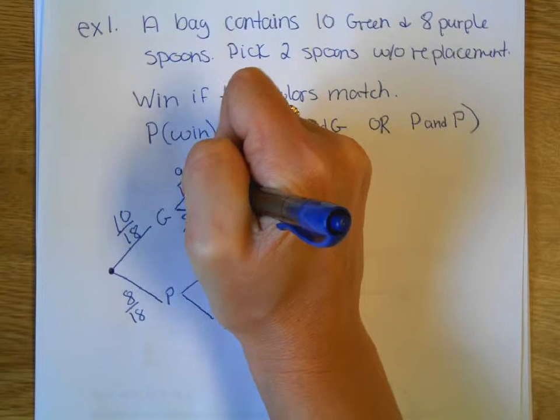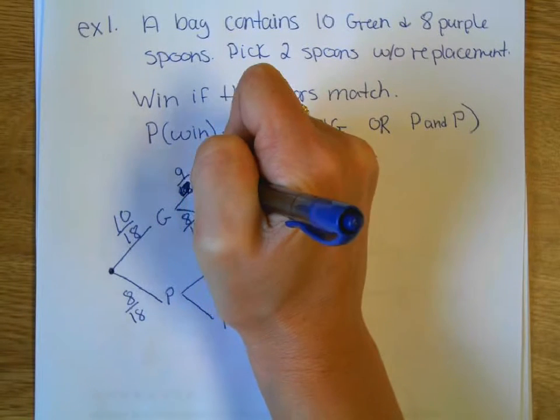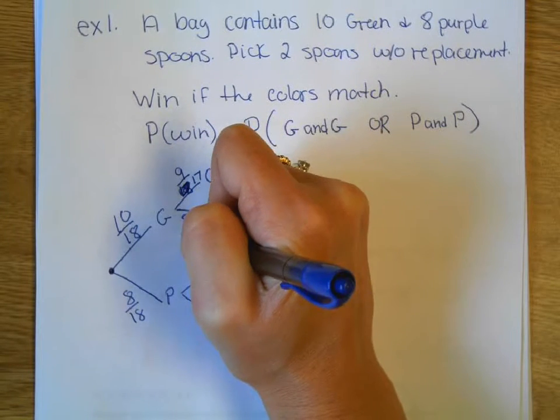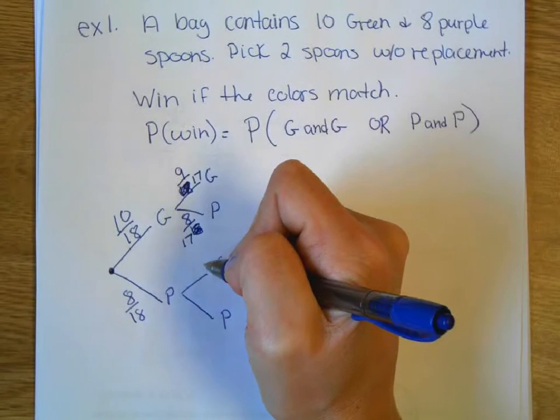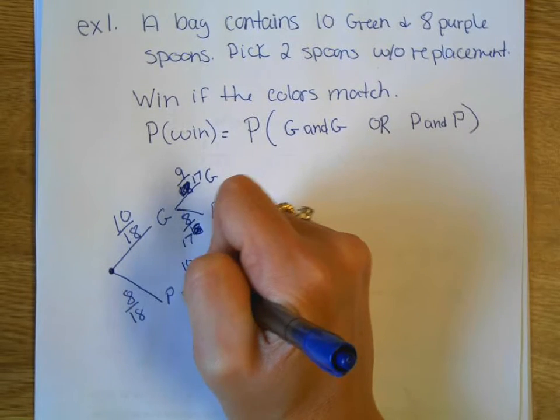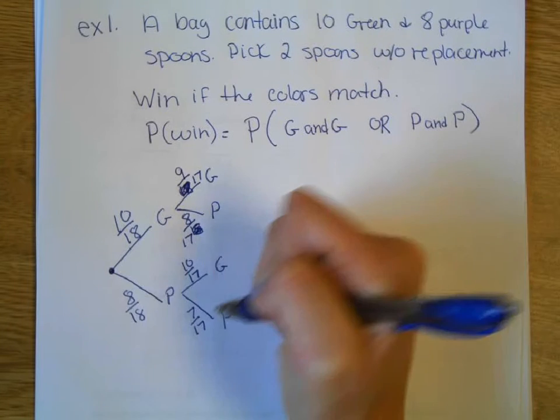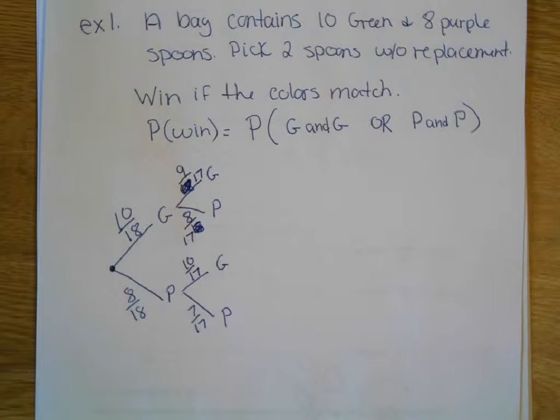Oops. Screwed up right off the bat. I think I got it. Okay, how did you do? See what I did right off the bat? Forgot to take 1 away.